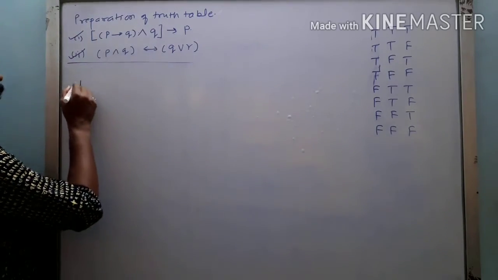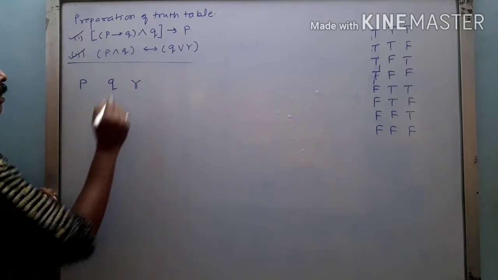Okay, so now we will make the columns. Now P, Q, and R. What is given first?